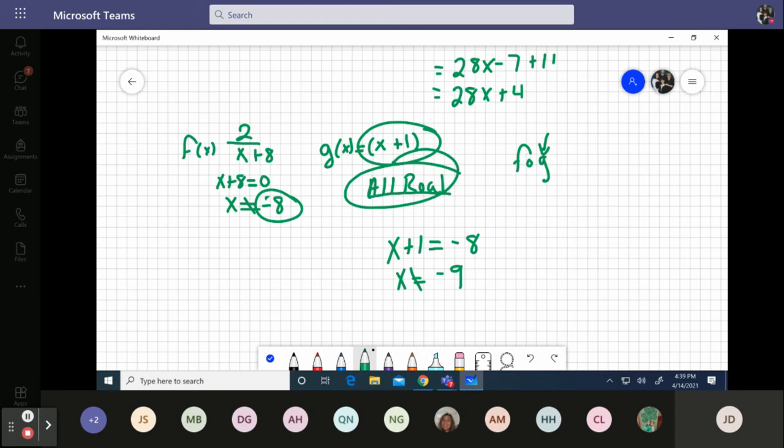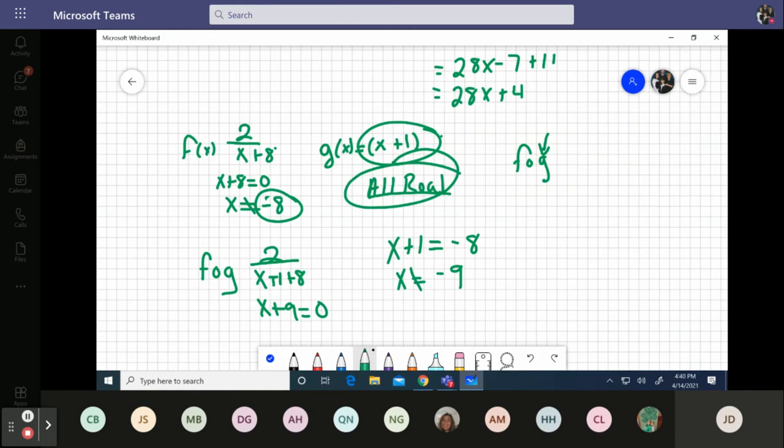But there wasn't one there, so then I'm going to go ahead and insert my inside, because the f of g is going to be 2 over x plus 1 plus 8, right? That would be the composite function. And then I would have x plus 9 equals 0. And that's going to give you that negative 9.